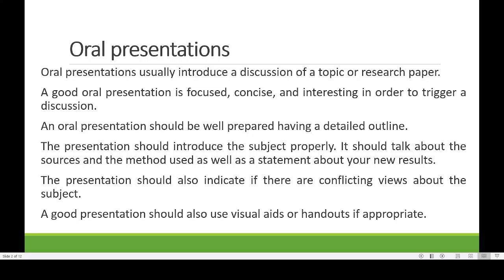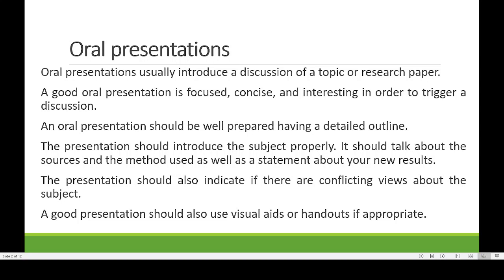You can add plenty of photographs rather than keeping only text. Photographs will immediately catch the attention of the observer. These are some of the techniques usually used by students.